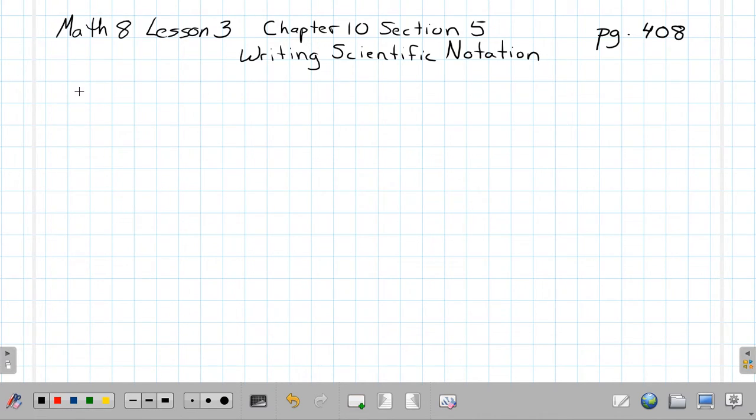So step 1 is, if we have a number in standard form, that means we have just a number. If you remember what standard form means from the last section, we just have some number.